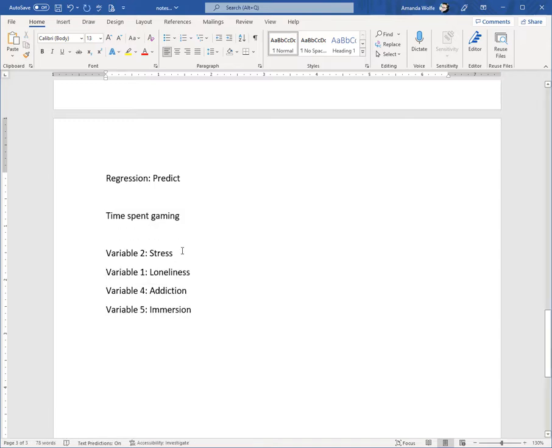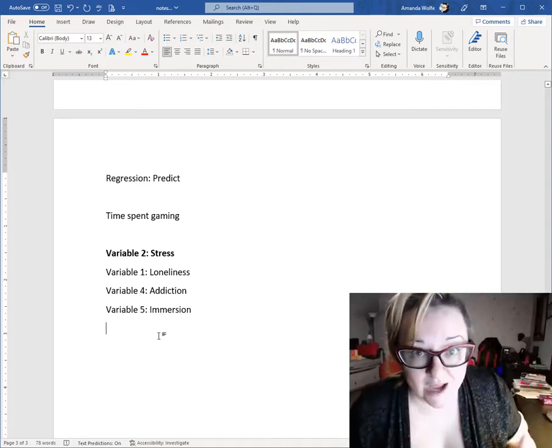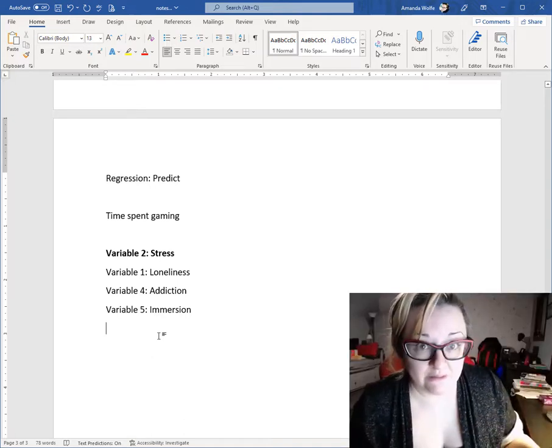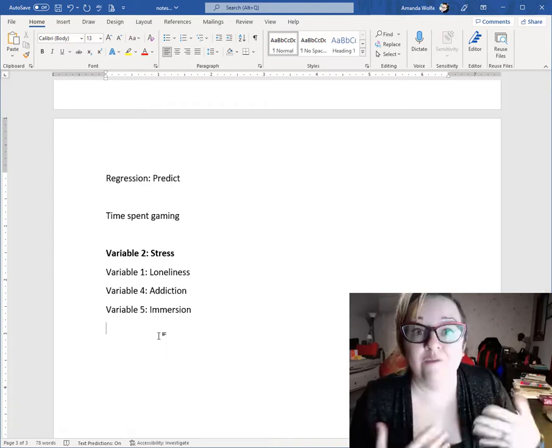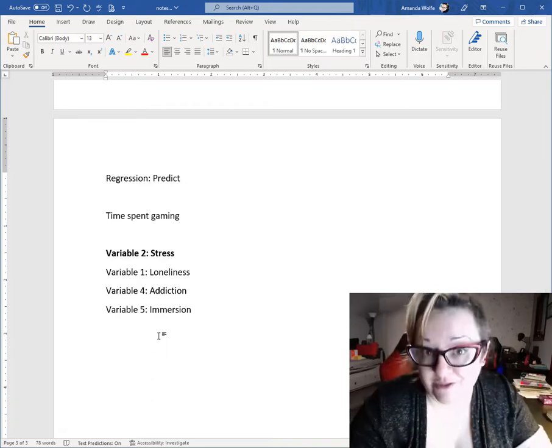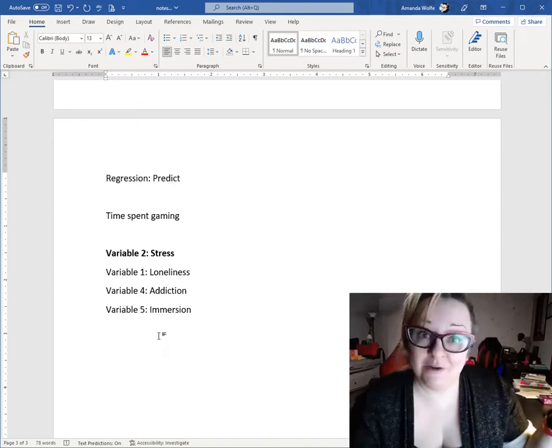And what we might find maybe is that stress is the strongest predictor, but these other 3 are also good predictors, and that one I deleted was not a good predictor at all. So it's called a hierarchical regression because you're putting the variables you can use to predict in a hierarchy of which ones are the best or strongest predictors. And that's a hierarchical regression.